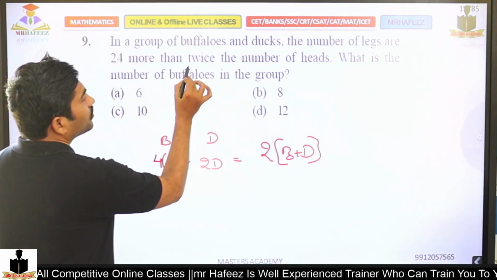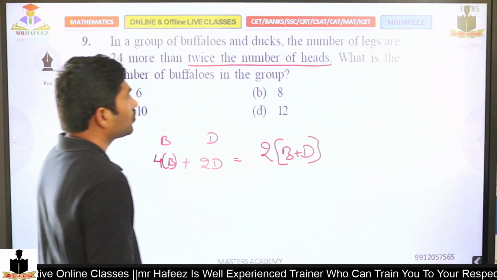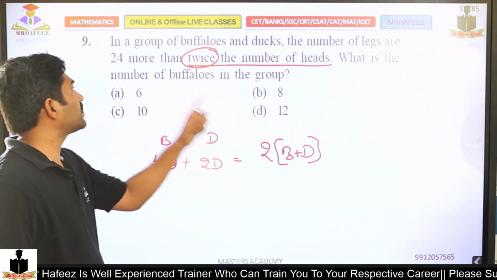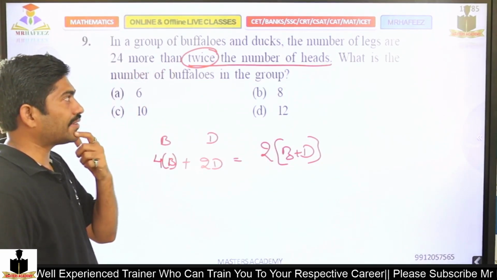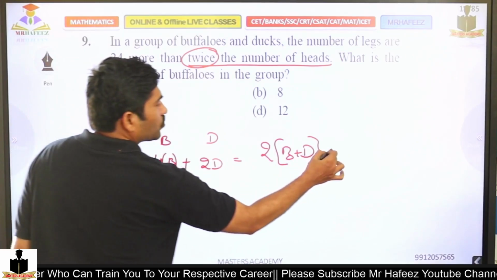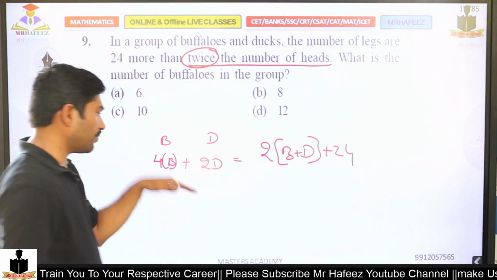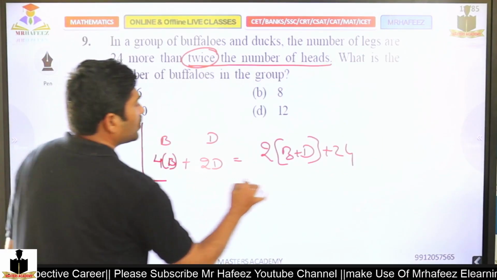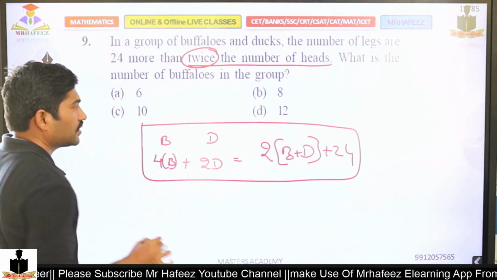So twice the number of heads is 2 times B plus D, and 24 more than, so plus 24, equal to this. If you are clear about this equation, just comment your answer.